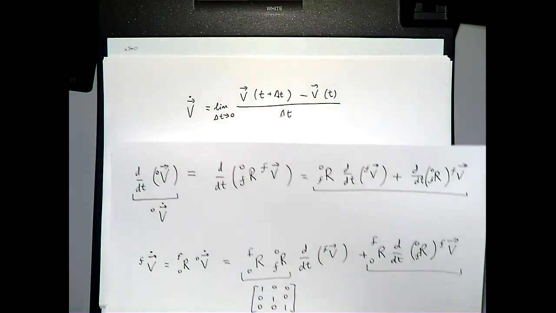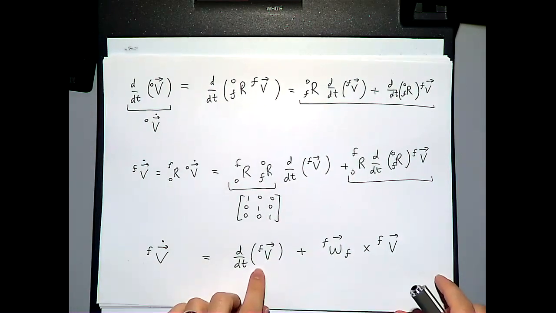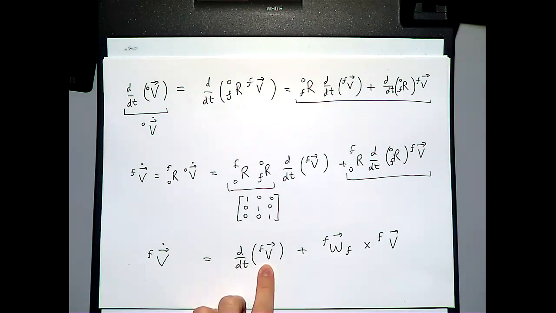And this one is looking at the components of the vector v when it is expressed in frame f, and for each of these components taking its time derivative, as a time derivative of each of the scalar components, the x, the y, the z components.